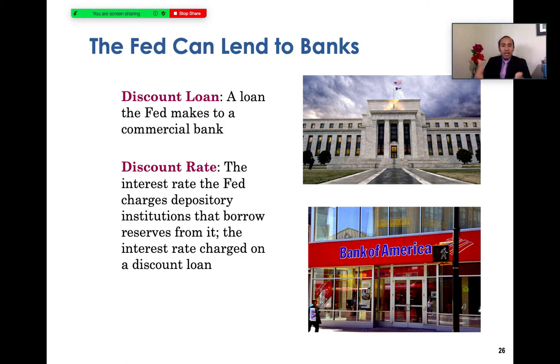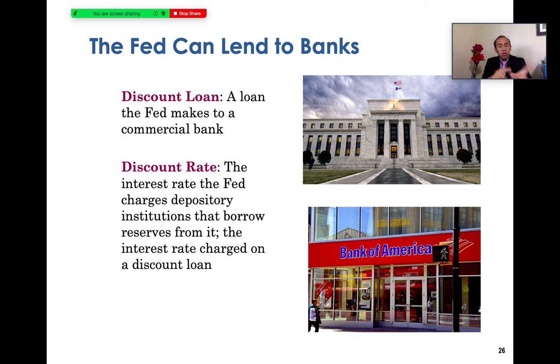Basically, if any bank, like Bank of America, goes into trouble and runs out of reserves and cannot meet those reserves and does not have enough funds, they can borrow directly from the Fed at a discounted rate. And the discounted rate is the interest rate the Fed charges the financial institution to borrow from the Fed. And this is considered a discount loan. It's a discount loan because the bank is borrowing from the Fed at a discounted rate.